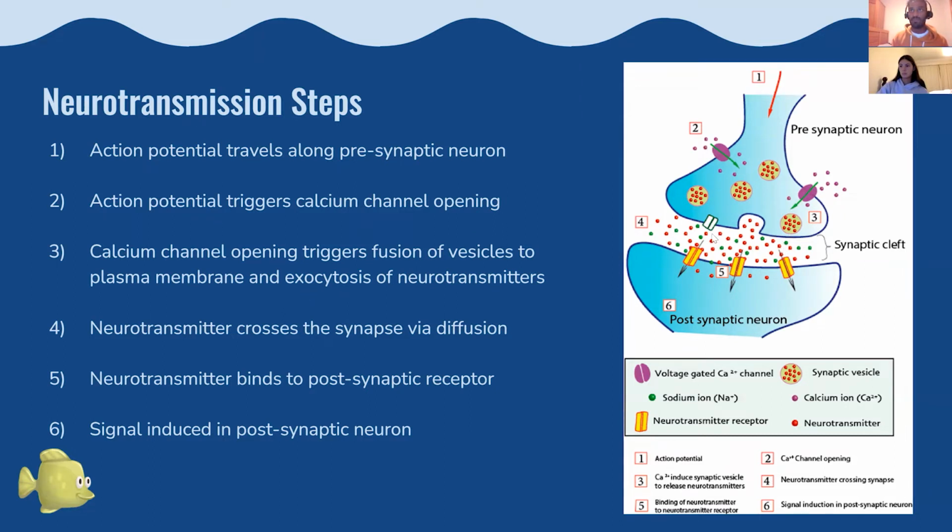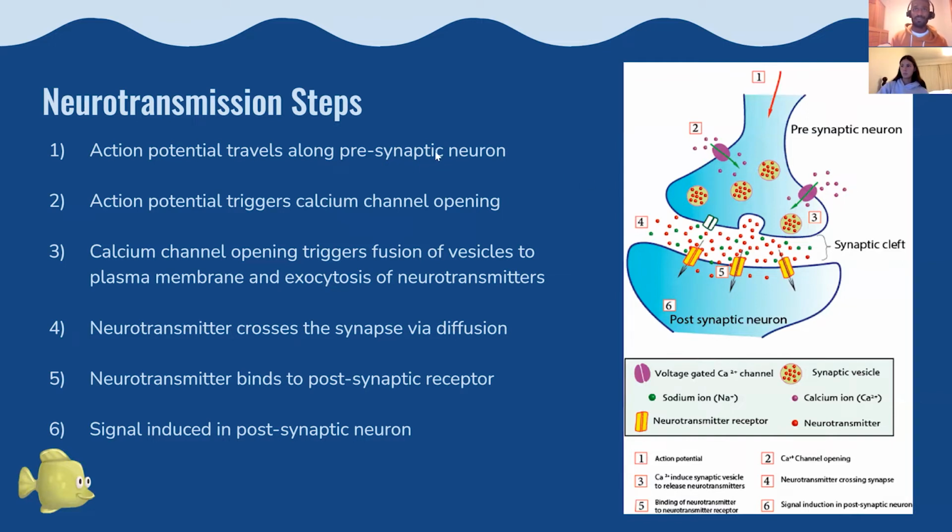Now we have neurotransmitters in the synaptic cleft, and they'll move by diffusion because there's a concentration gradient and cross the synapse in step 4. And step 5, some of these neurotransmitters due to diffusion will bind to receptors on the postsynaptic neuron, maybe one of the dendrites of the postsynaptic neuron, and they will, through signaling, contribute to the next action potential being fired.